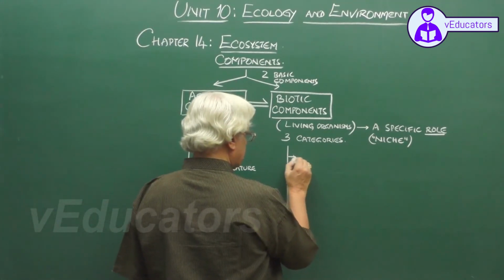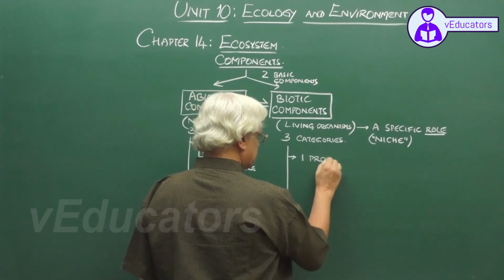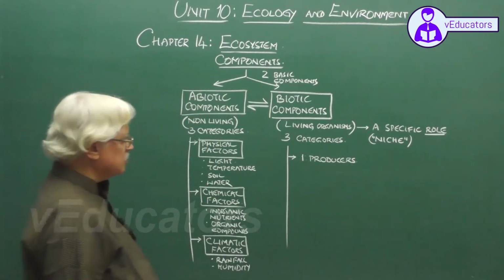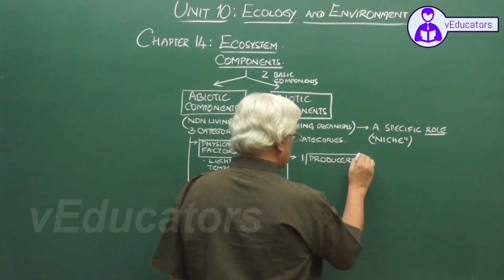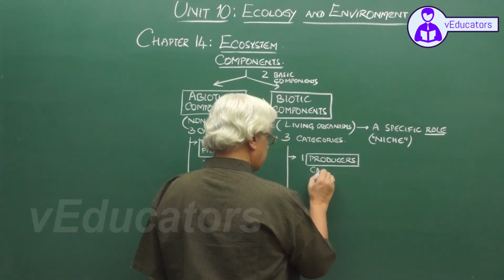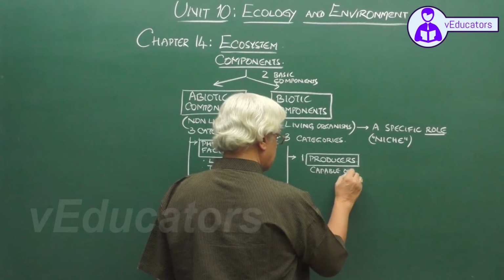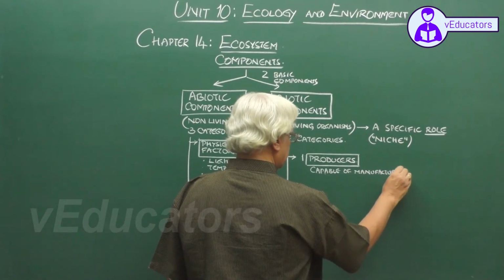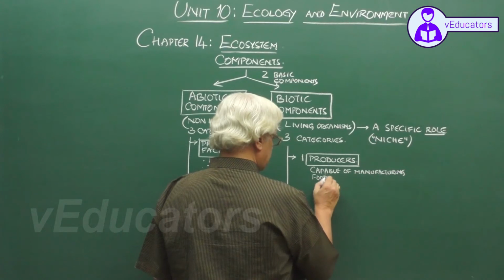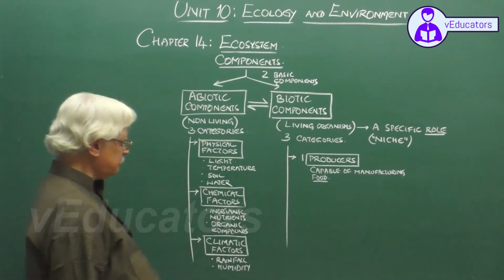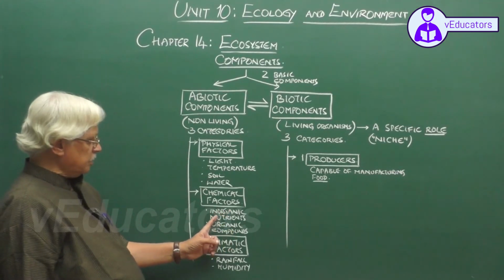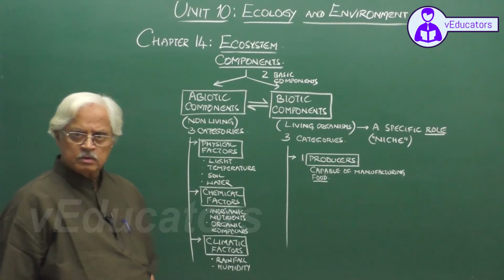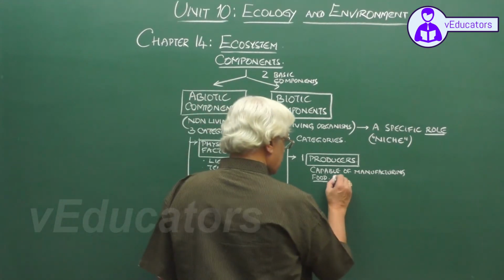Namely, producers. Producers in the ecosystem are those living organisms that are capable of manufacturing food using the various inorganic nutrients, water, under a specific regime of light, temperature, etc. by photosynthesis.